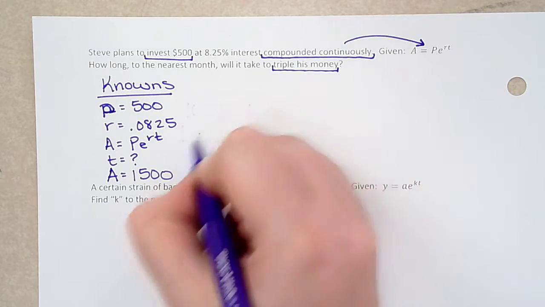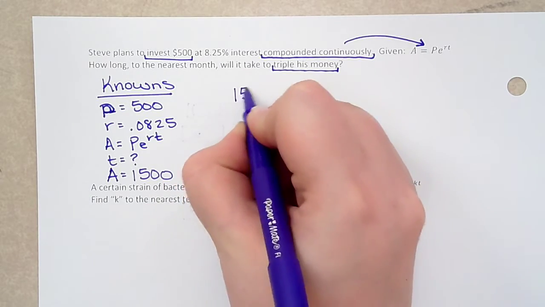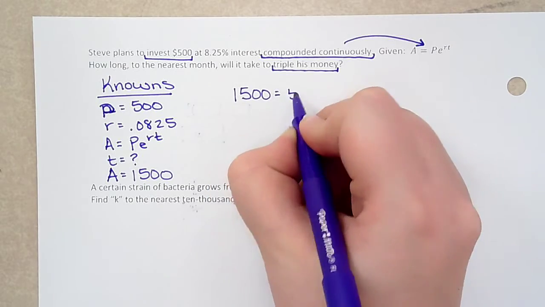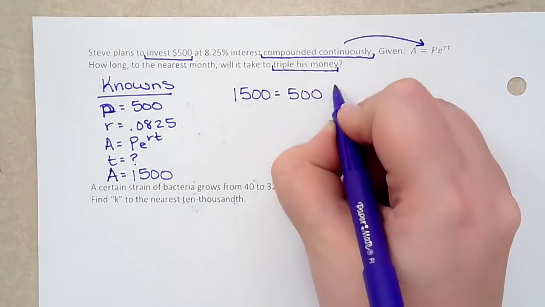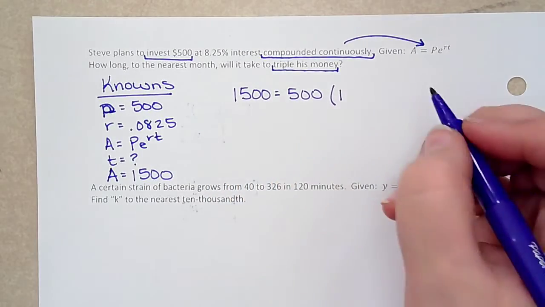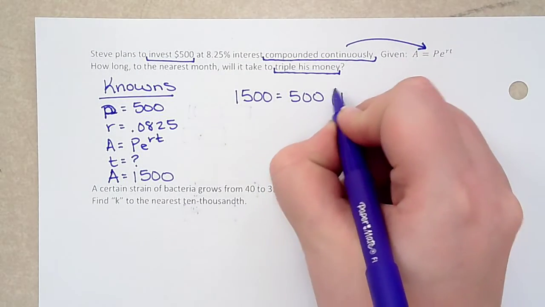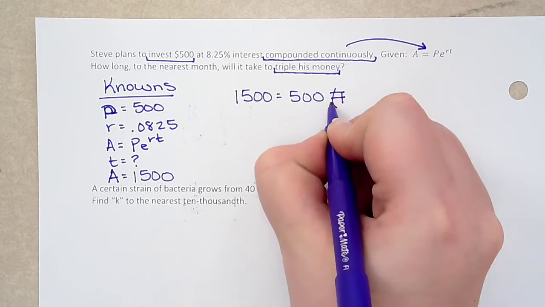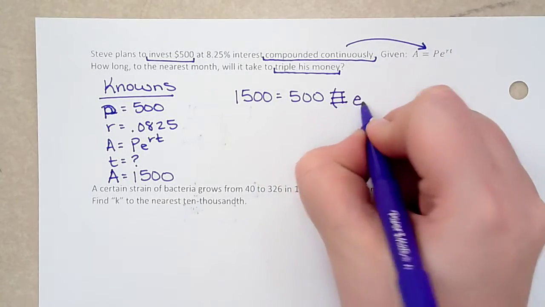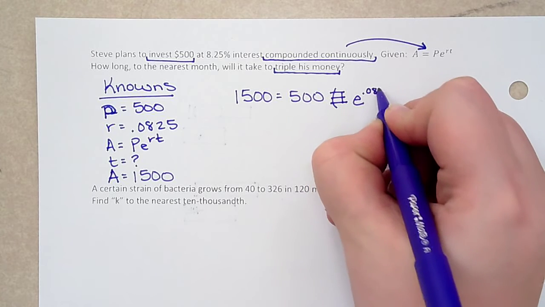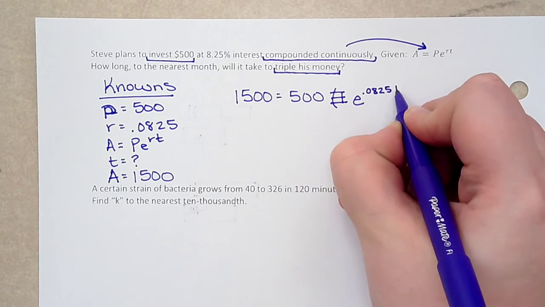We can now use that to plug into our formula. 1,500 equals the starting amount 500 times e raised to the 0.0825t. I used my second formula, not my first, so ignore that, please.